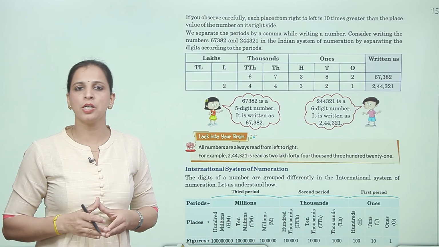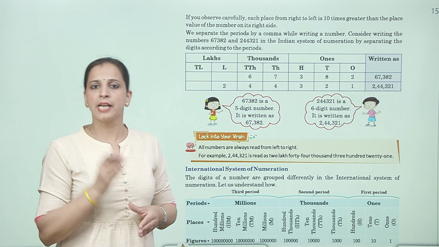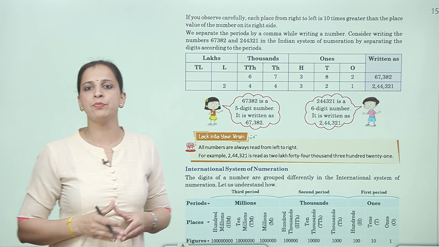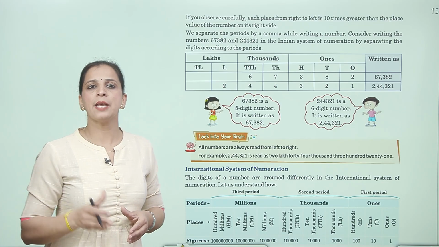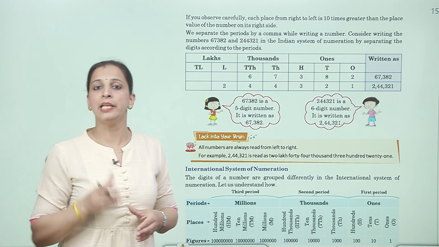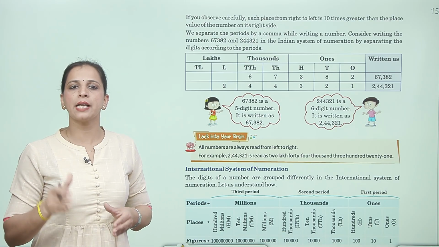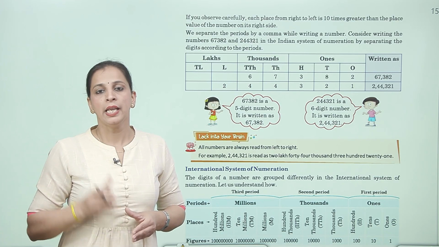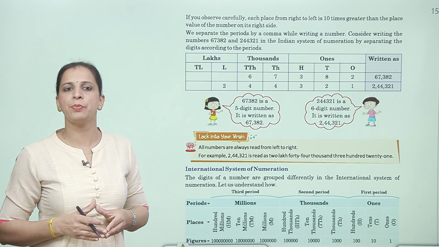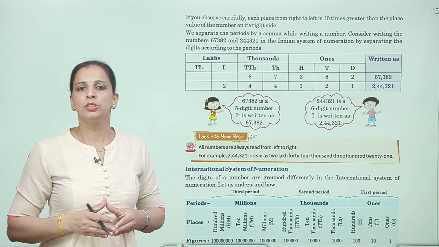Now, if you observe carefully, each place from right to left is 10 times greater than the place value of the number on its right side. We separate the periods by a comma while writing a number. Consider writing the number 67382 and 244321 in the Indian system of numeration by separating the digits according to the periods.